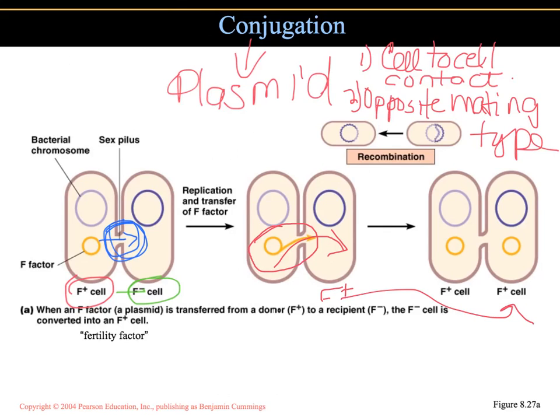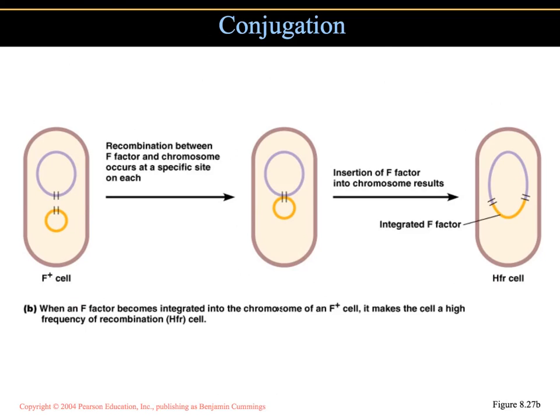And then what could happen is this factor, the plasmid, could integrate within the chromosome. So we'll go ahead and look at that slide right here. We have the F plus cell, the newly acquired F factor now makes this an F plus cell. And what could happen is that the F factor could integrate within the chromosome, and then it converts this F plus cell into something that we call an HFR cell, high frequency recombination.